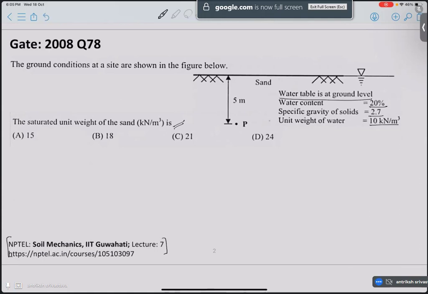To solve this question, we have to calculate the saturated unit weight of sand, which is weight of solids plus weight of water divided by total volume. Going through the formula, we can observe that gamma sat is nothing but gamma bulk in this case, because our water content, that is 20%, corresponds to saturation.